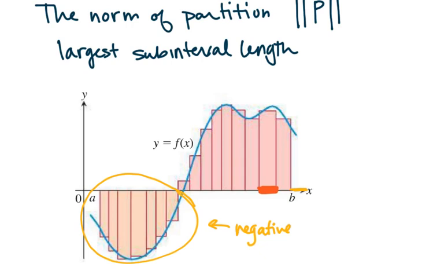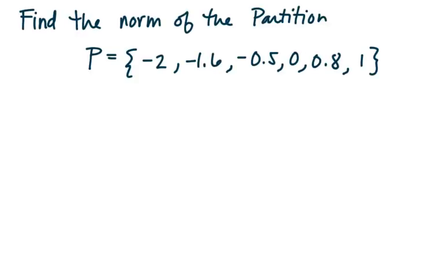So let's look at an example. We'll find a norm and we'll find a Riemann sum, which is just a big fancy name for making a bunch of rectangles and adding them up. So here we're going to find the partition, and we are looking at some function on a closed interval from -2 to 1, because that's where I start and that's where I end.